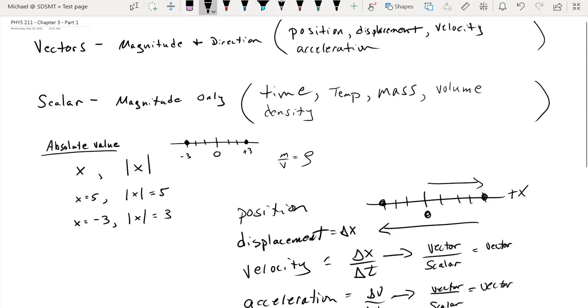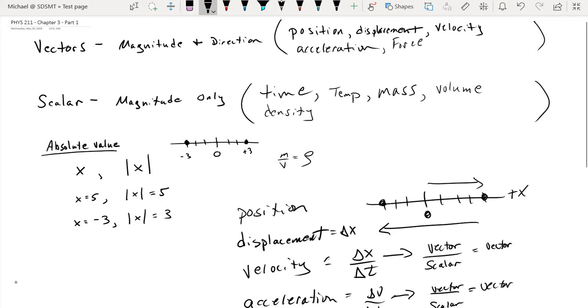Some other things that could be vectors or scalars. Also, when we get to chapter 5, we're going to start incorporating force into the mathematics. So when we apply a force, it has to be applied in a certain direction.